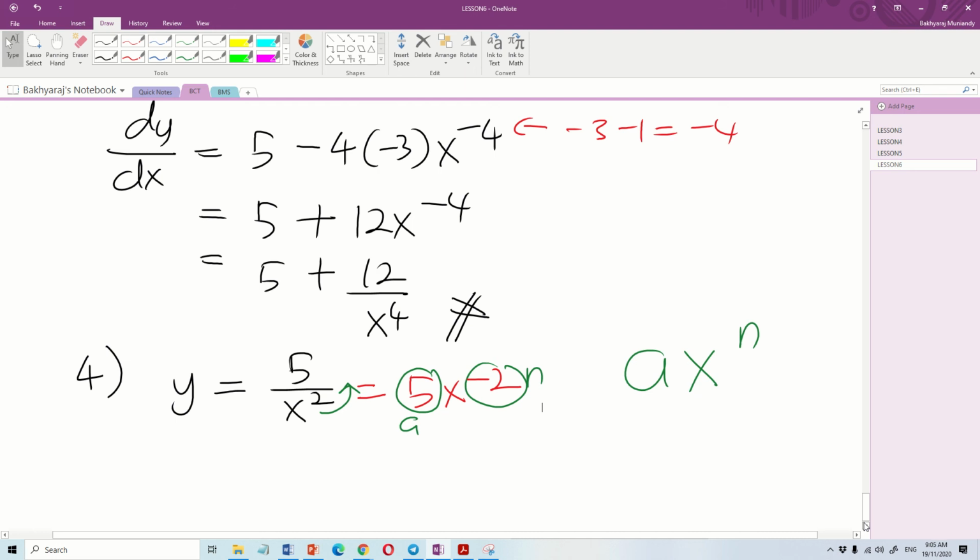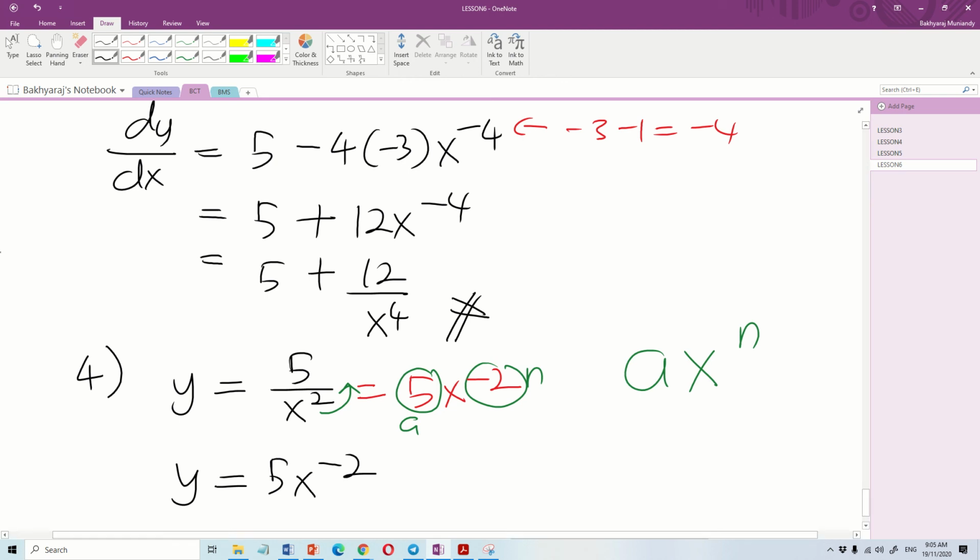Okay, so once you get this, then you can go for the answer. So y equals 5 x power of negative 2. Once you get this, then easily you can find the last answer, dy/dx. Okay, this is how the question will come out.